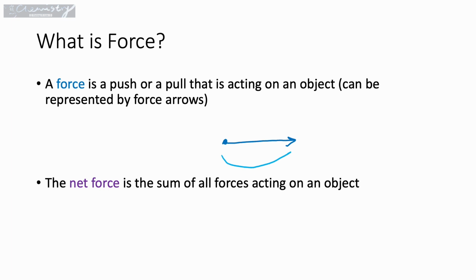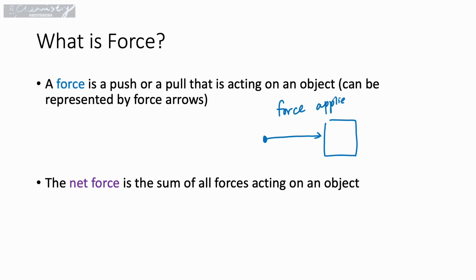So if we are pushing this block of rock, the direction of the force goes to push the rock. We're not thinking about where the rock is going. We're thinking about the direction of the force that is applied. We can see that over here. This is the force applied on the object.